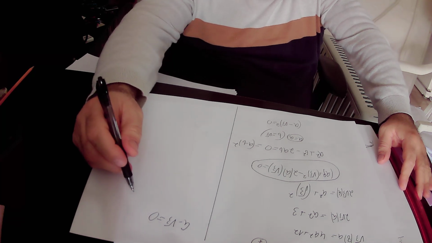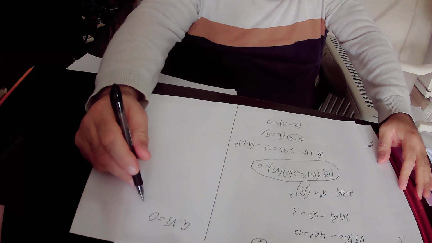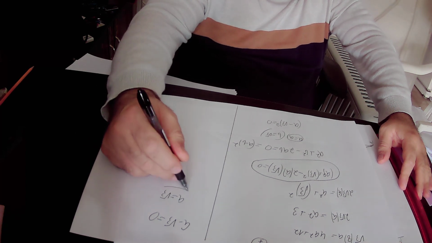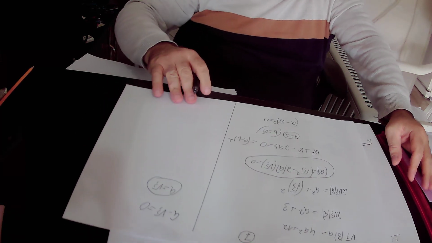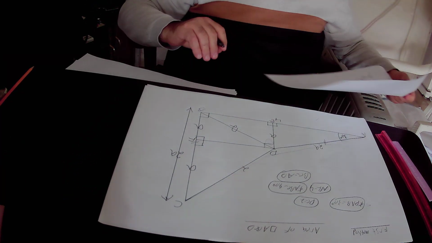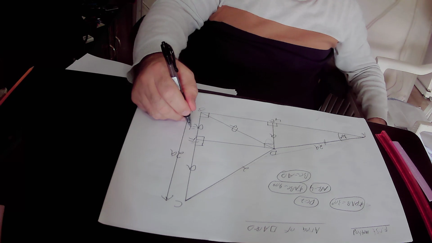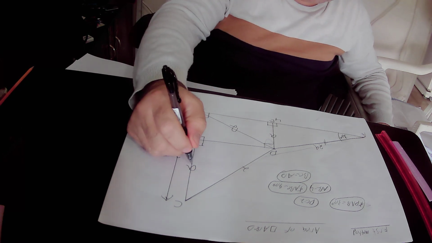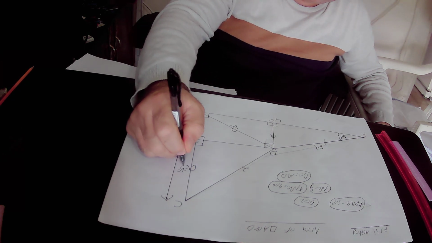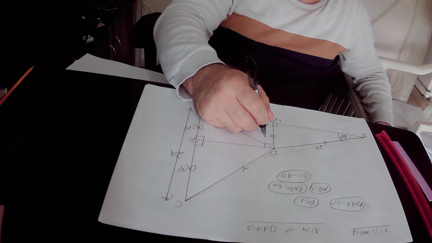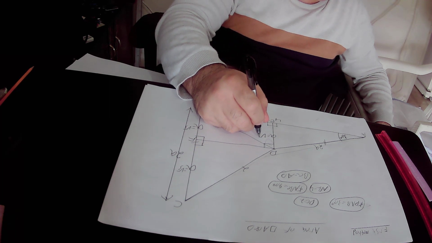We add square root of 3 to both sides and get that a equals the square root of 3 units. So we found that a equals the square root of 3 units.